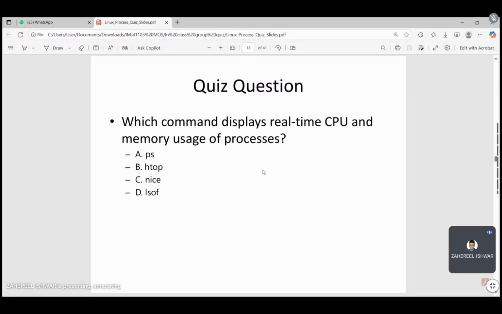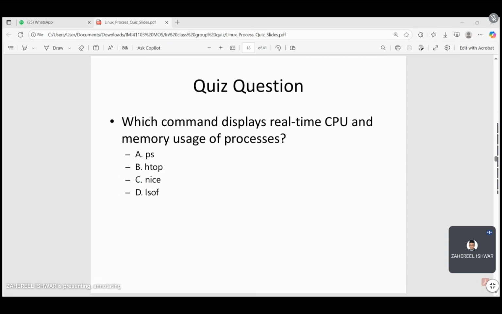Which command displays real-time CPU and memory usage of a process? The answer is correct, top.